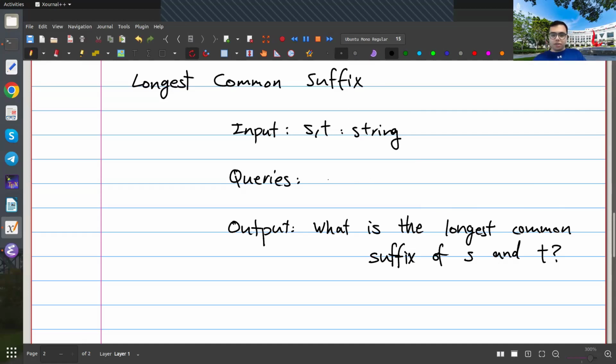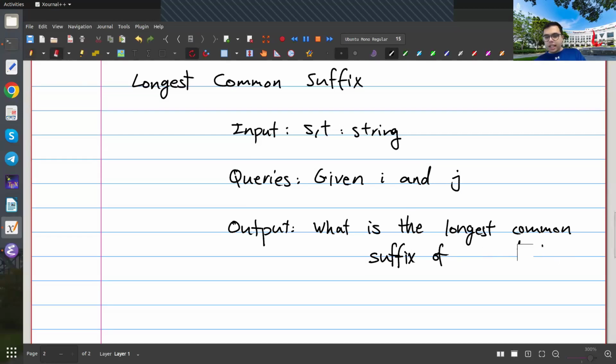Given I and j, you have to say what is the longest common suffix if I only look at the first I characters of S and the first J characters of T.